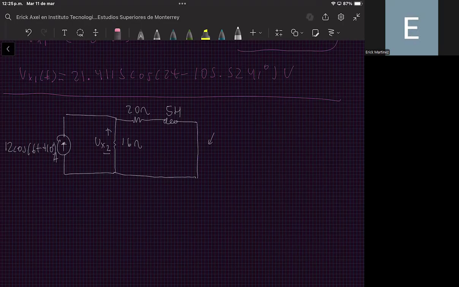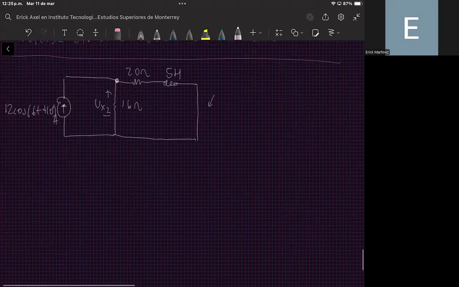Now what else can we do? Well, we can apply, for example, nodal analysis to compute the voltage Vx2. But to do that, what we need to do first is to convert all the elements into their impedances, because the frequency is now 6 radians per second. Since the frequency of this source is different, we need to compute the impedances again.